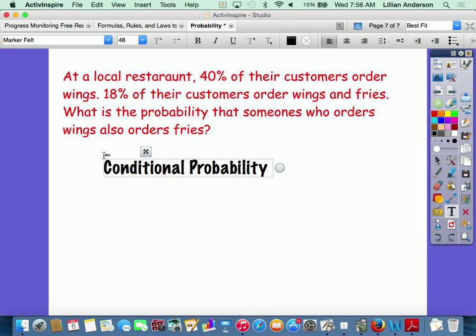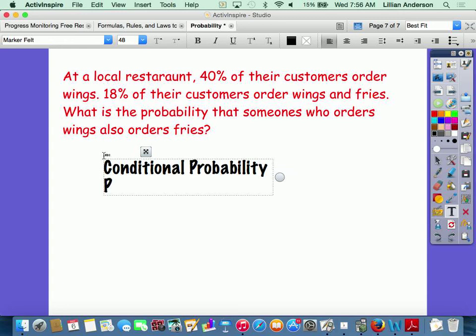What is the probability that someone who orders wings also orders fries? I'm not concerned about the people who come in and order something outside of wings. I am concerned about the people who order wings and also order fries. So the condition is that they order wings.